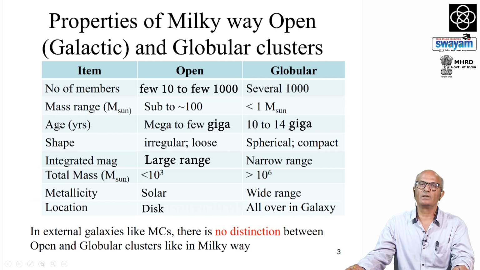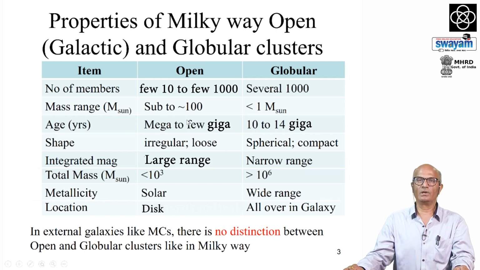And this is also reflected in this row, where I have indicated the age of the system in years. Galactic open clusters are young, mega years to a few giga years. If we see globular clusters, most of them have ages more than 10 giga year.